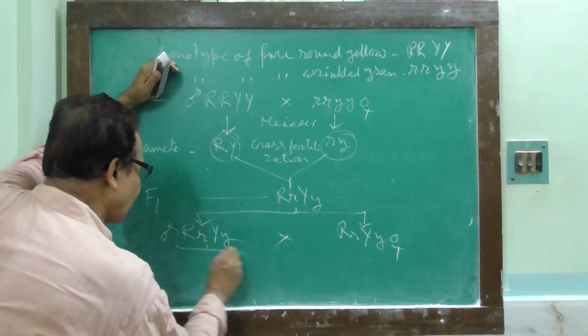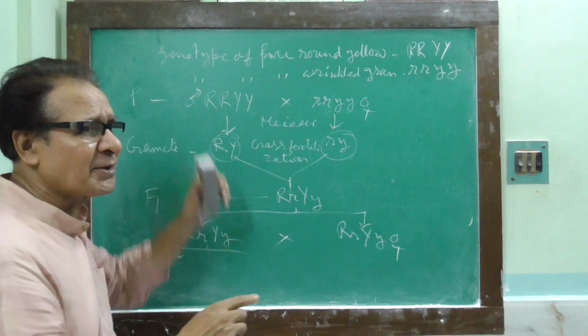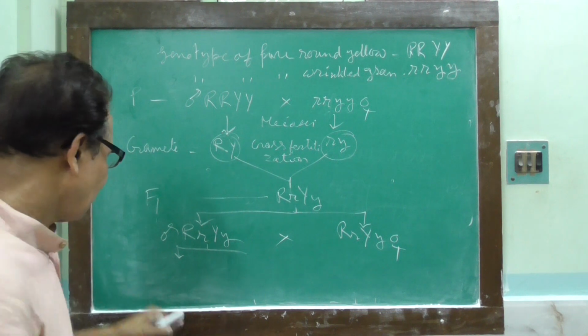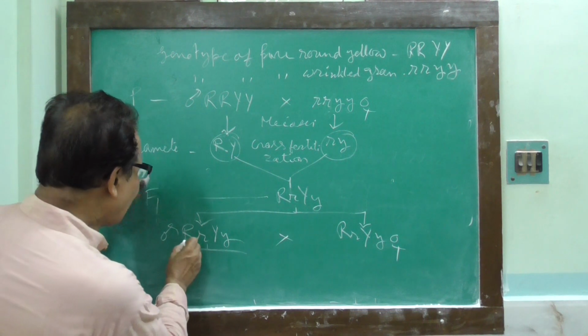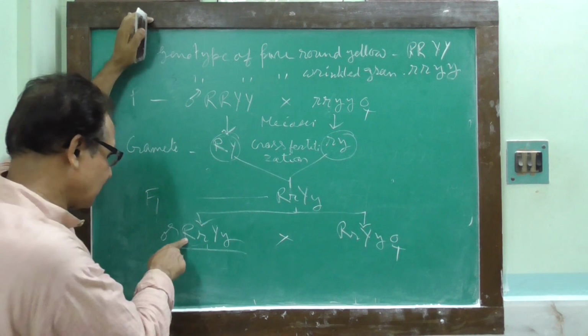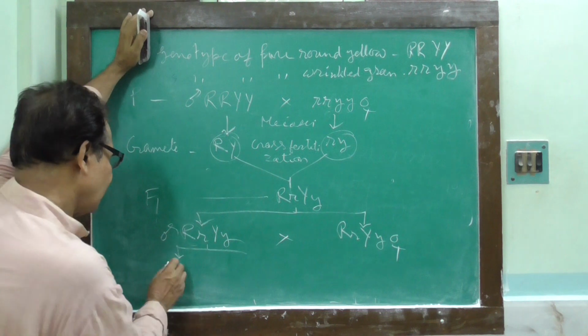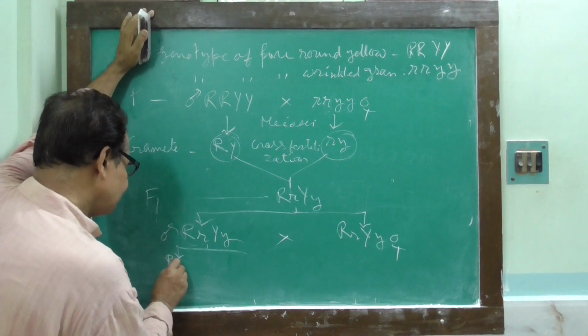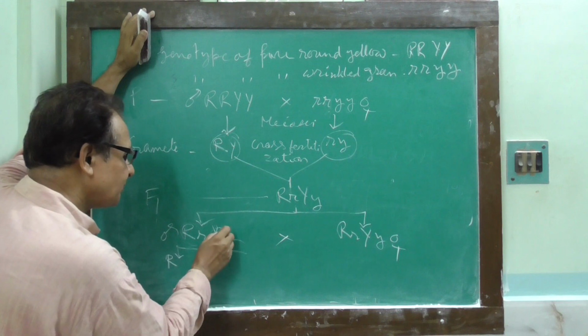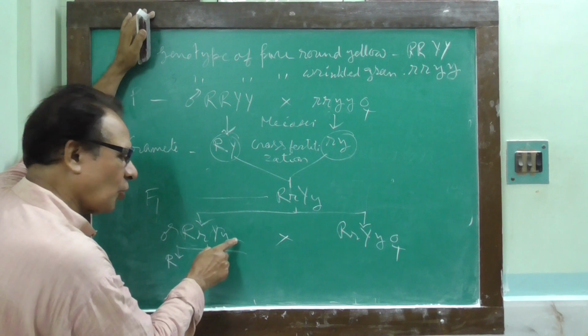Now gamete formation. You already learned that from each pair the gamete receives one. So here, in one pair, there are two types of chromosome, that is R and small r. So capital R will receive any of these, that is either capital Y or small y.